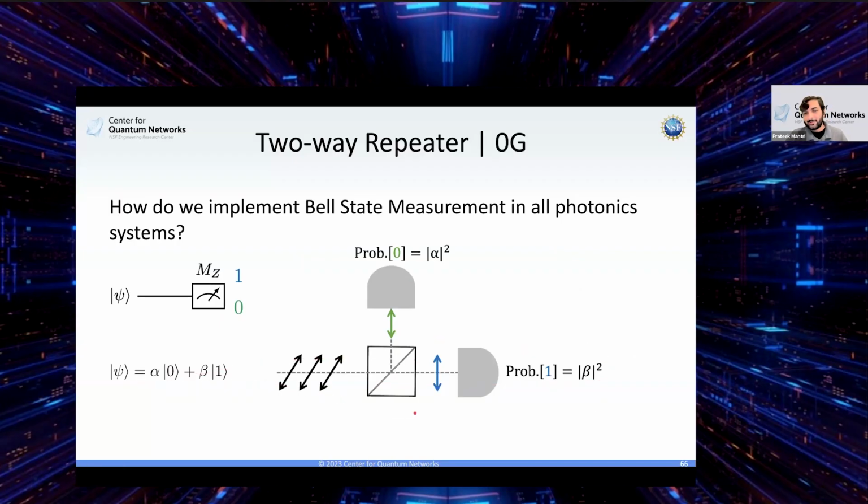So using this beam splitter and two photodiodes, we are able to find the quantum information stored in this photon using polarization encoding.